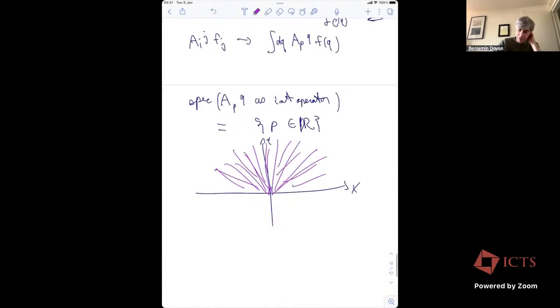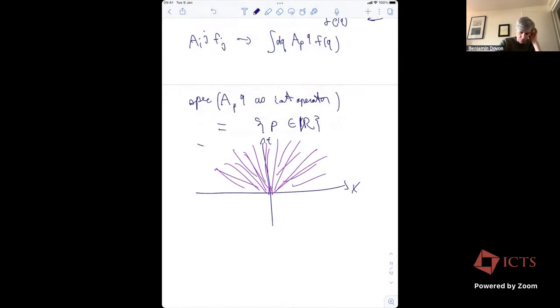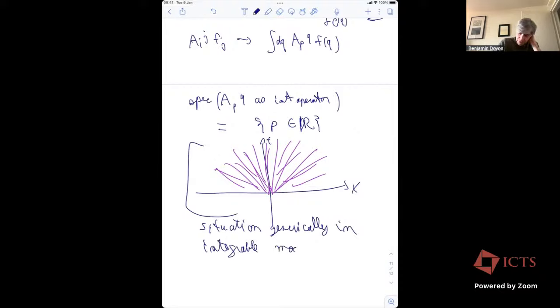But in general, I would see that, and this is also the generic situation in integrable models. There are a lot of conserved quantities, and it turns out that you get integral kernels instead of these hydrodynamic matrices.